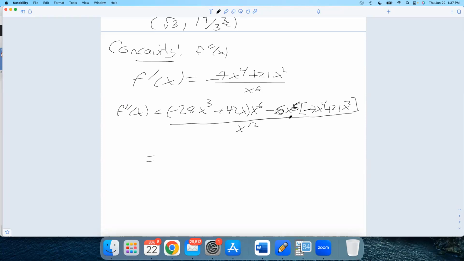Okay, we're going to get prettier stuff now. So I apologize for that. Factor out an x to the 5th here. So I've got, I got to be careful here. I'm going to rewrite it and do this in 2 steps.